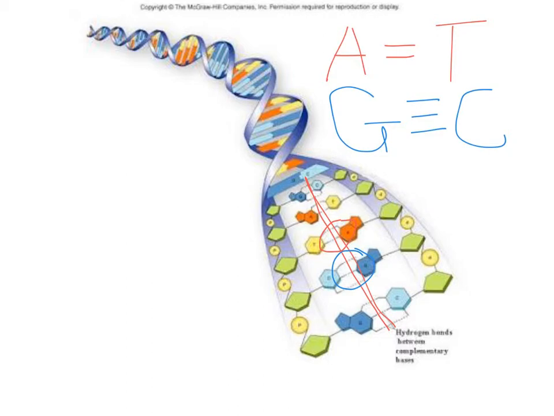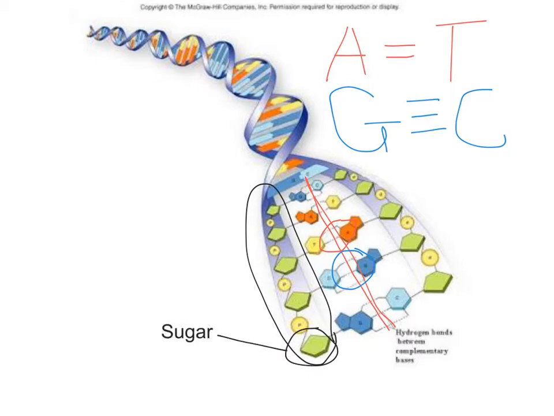So if we look again at this structure, we can also see the backbone. The backbone here is made up of two different molecules, the ribose sugar here and the phosphate group just here. Both the sugar and the phosphate are the backbone, and they hold individual bases.